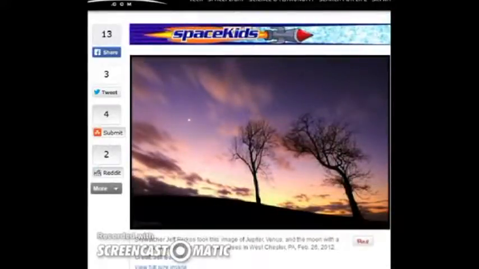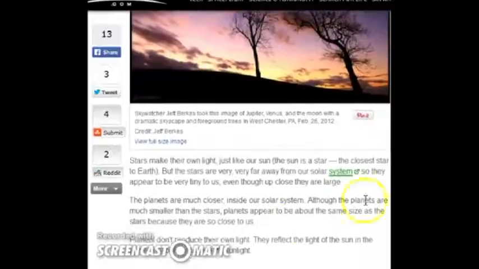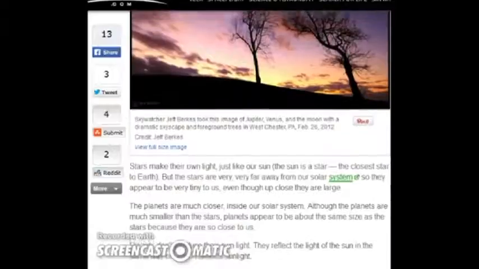Now let's look at their explanation of why these so-called planets shine like stars. It states here, planets don't produce their own light. They reflect the light of the sun in the same way our moon reflects sunlight. This is complete garbage.